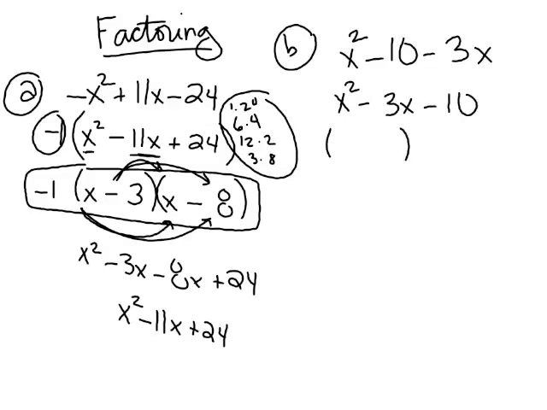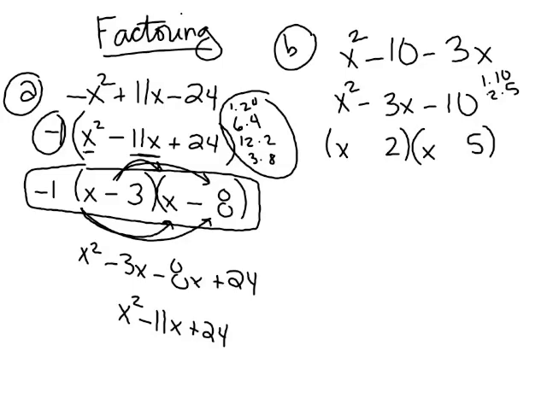So draw in your brackets. What times what is going to get me to x squared? X. Okay, factors of 10. 1 and 10, 2 and 5. Which one is most likely to get me a 3? 2 and 5. Okay, so a 2 and a 5.